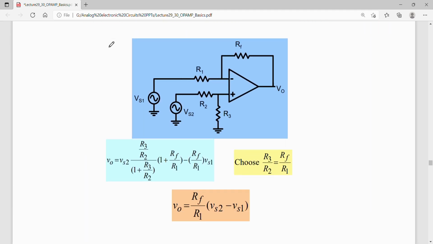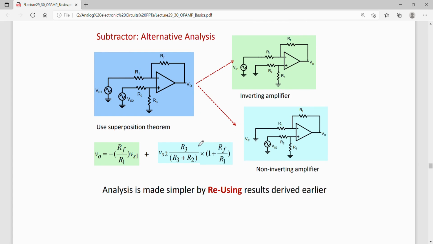In fact one has to choose R3 by R2 to be equal to Rf by R1. Then V0 will be equal to this much, and if Rf and R1 both are equal, then Vs2 minus Vs1 will be the output, or a subtractor output can be obtained.